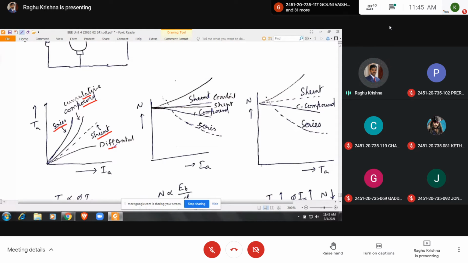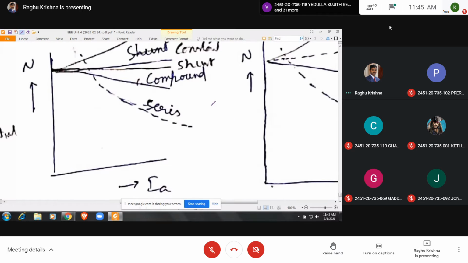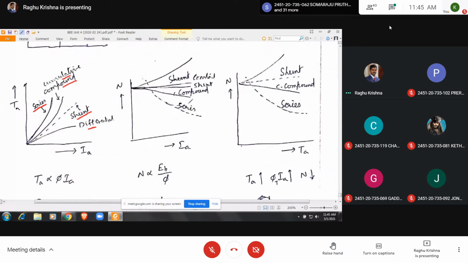Next, coming to the speed versus Ia. In the middle you have speed versus Ia. Here also the characteristics will be between series and shunt. So let us take the shunt motor. Here this is constant.